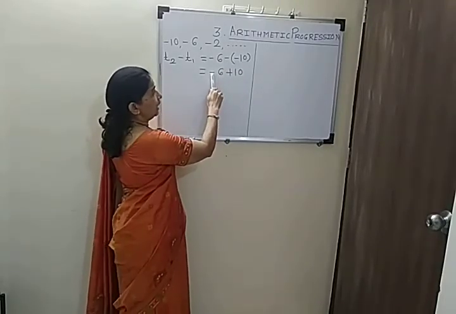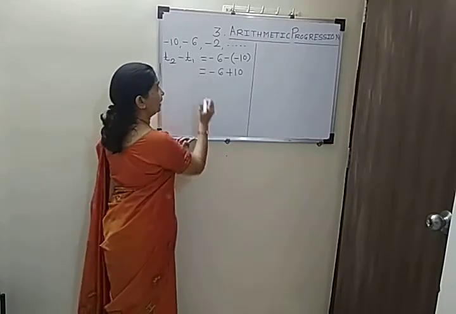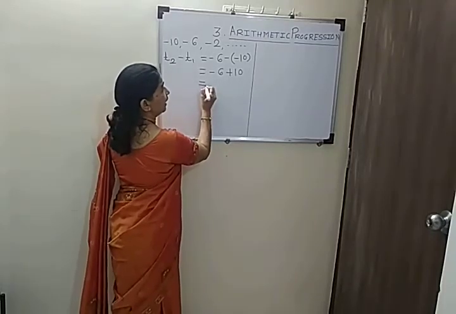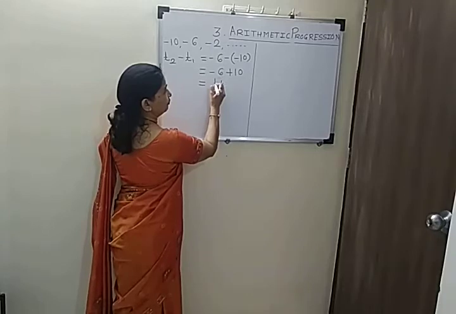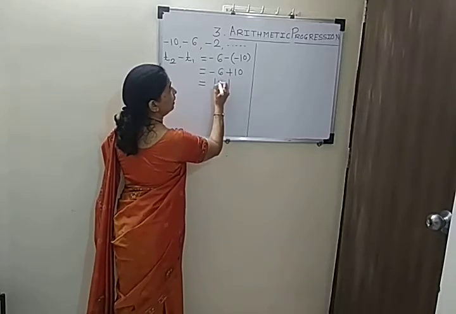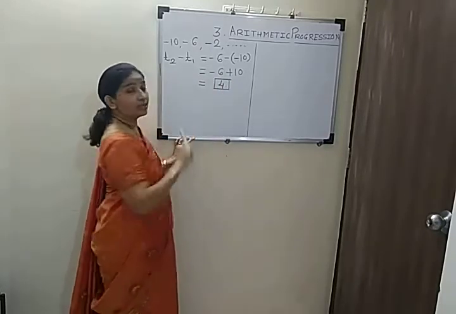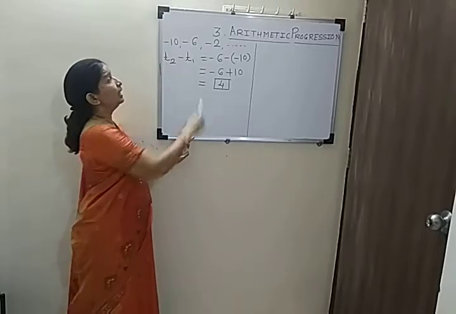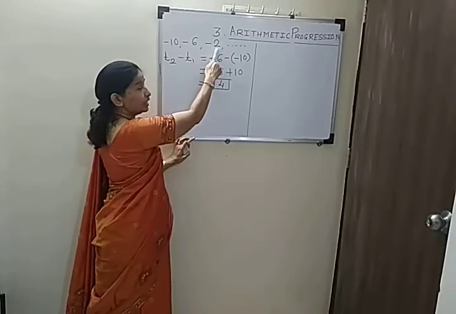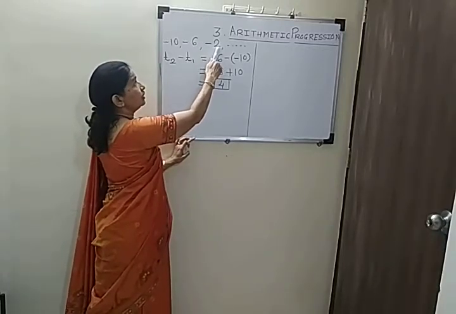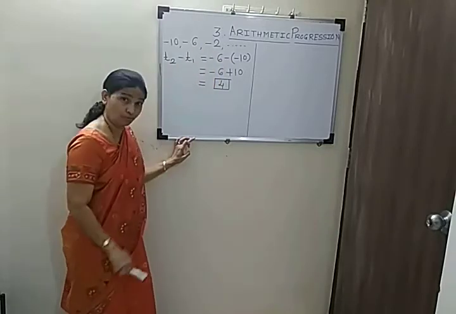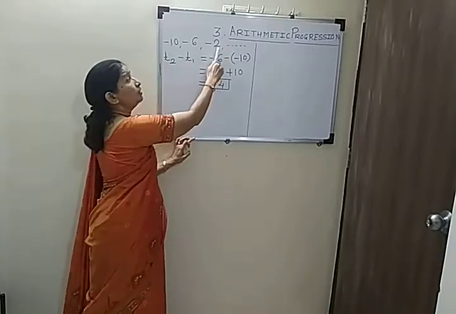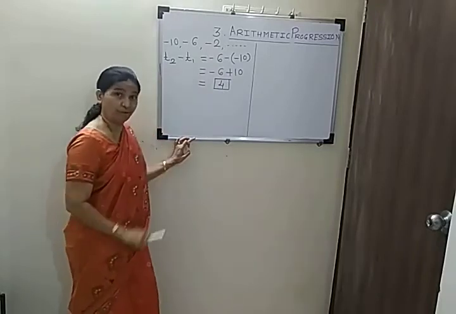Now minus 6 plus 10, that answer will come as 4. So T2 minus T1 came as 4. If we take the difference, T3 minus T2 will also come as 4.